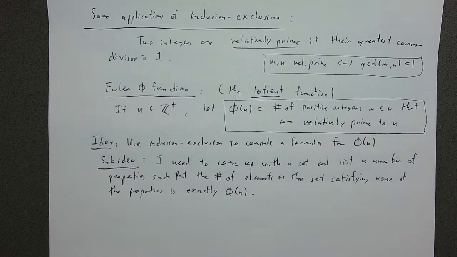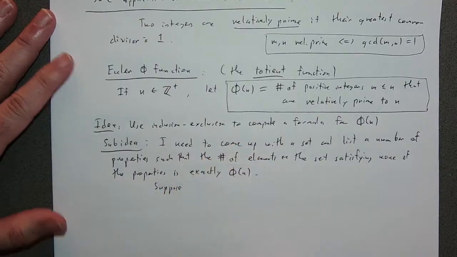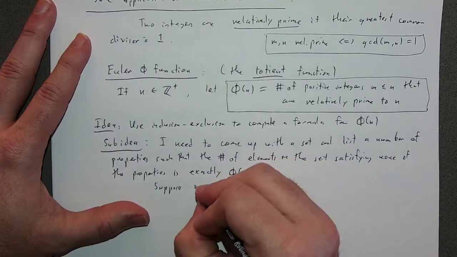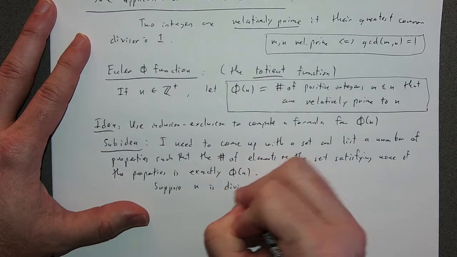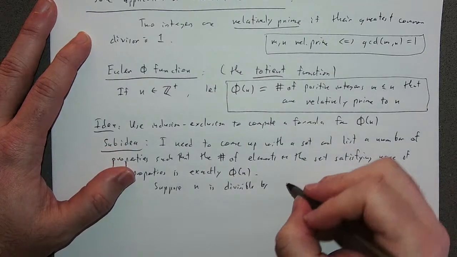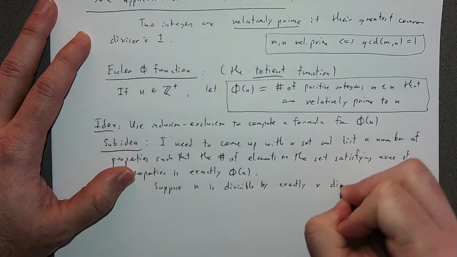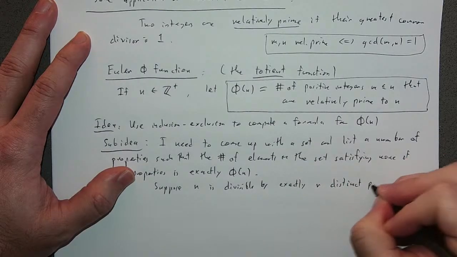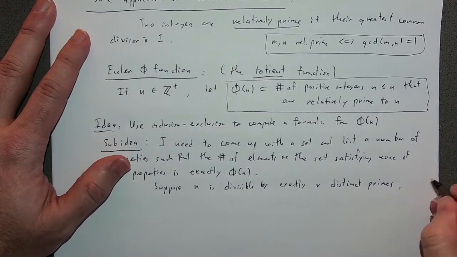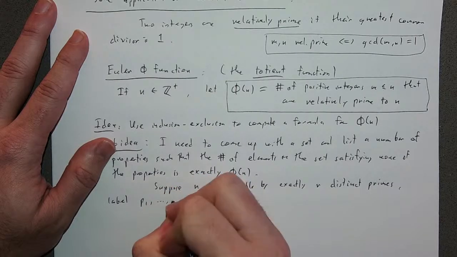And so, to do this, suppose our number n is divisible by exactly r distinct primes, which we label p sub 1 through p sub r.